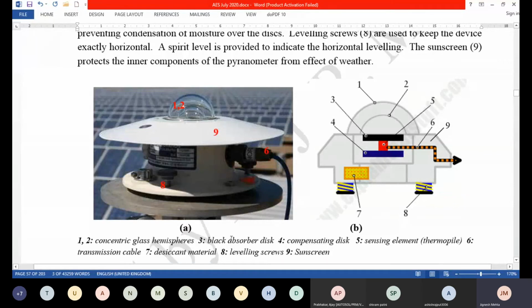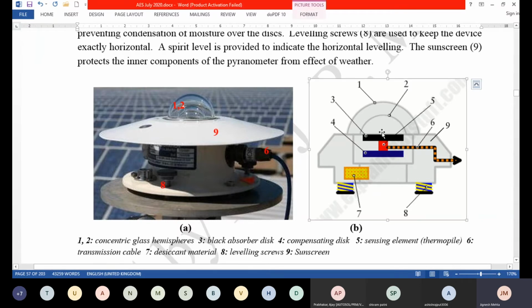The third one is the black absorber disc. It is hardly possible to see such a disc here, but there is a black absorber disc. If you have to describe a pyranometer, you will be drawing the diagram on the right hand side, the line diagram.